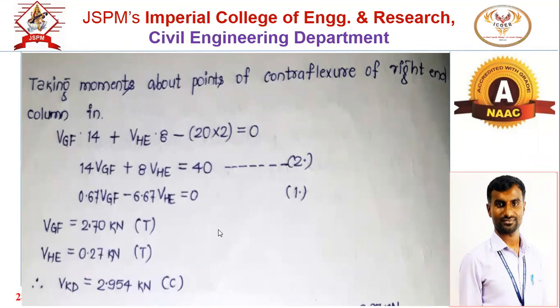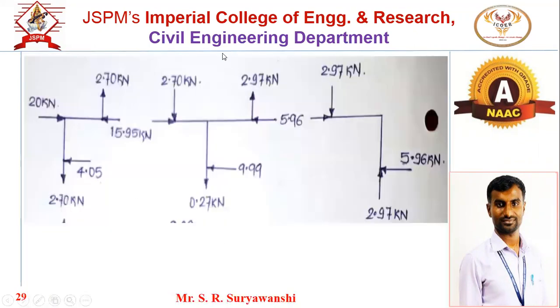Now next, what is the next condition? We have to use each joint separately, or draw the FBD of each joint separately, and apply the conditions. Suppose I consider joint A. Now this force you have calculated using our third assumption. This is the axial force. The answer was positive, means our assumed direction, which is vertically downward, is correct.